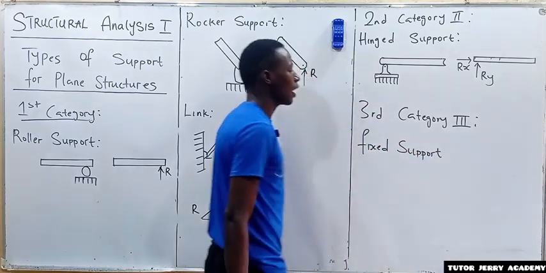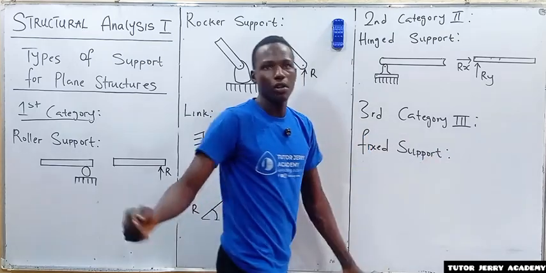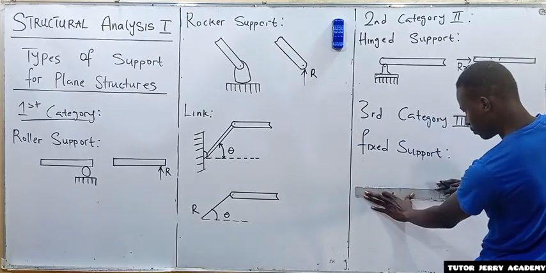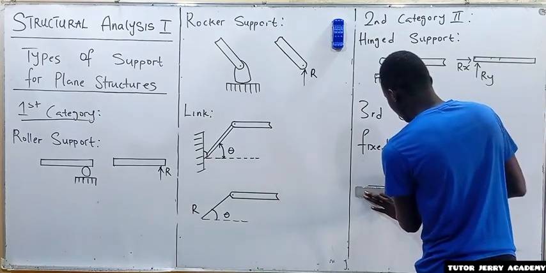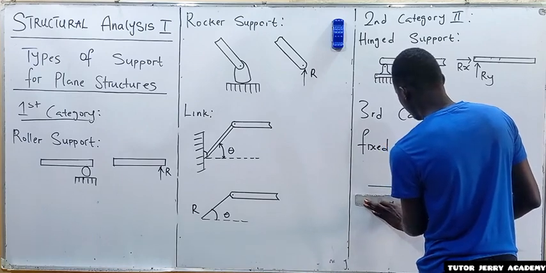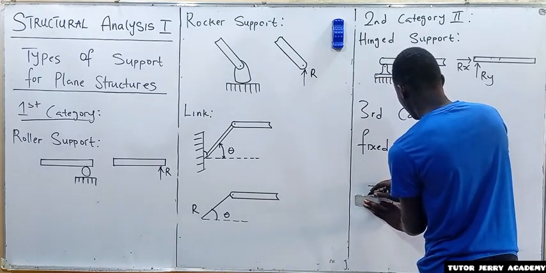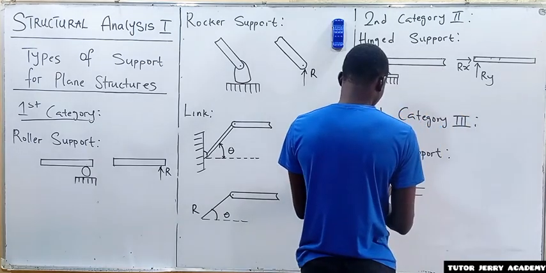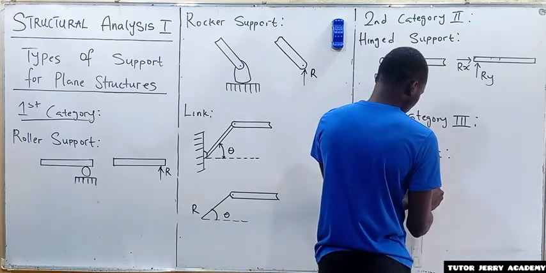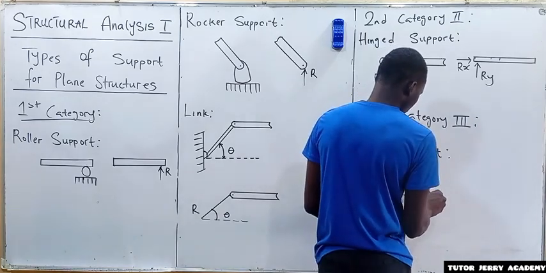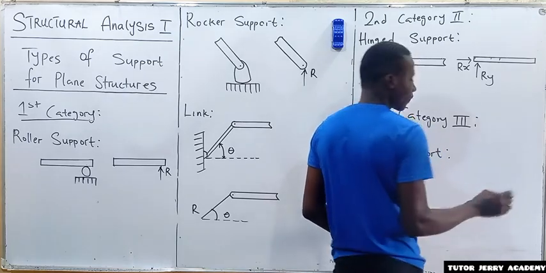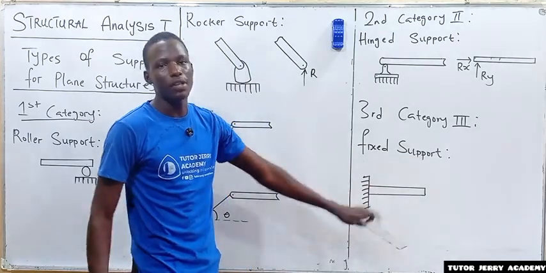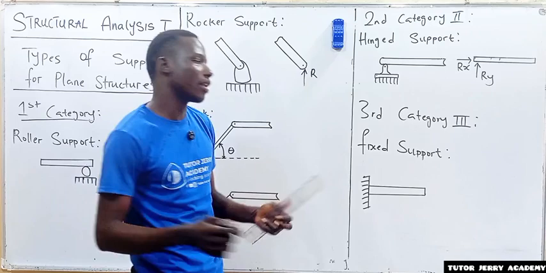All right, now how does a fixed support look like? This is the diagram of a fixed support. How does its free body diagram look like?